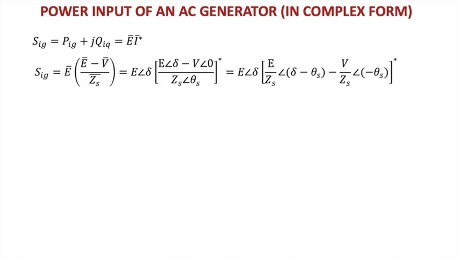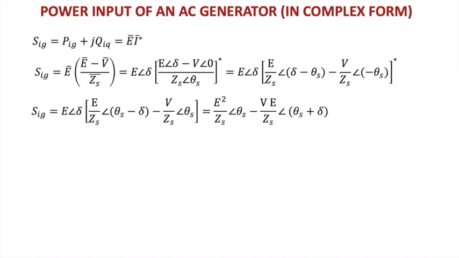Now come to the power input. So what will the power input be? The power input will be the induced EMF times the current conjugate. So the input power will be given as PIG. The notation, instead of O, we have changed to E, which signifies the input of the AC generator. Then substitute the values in terms of the polar quantities and take the conjugate.